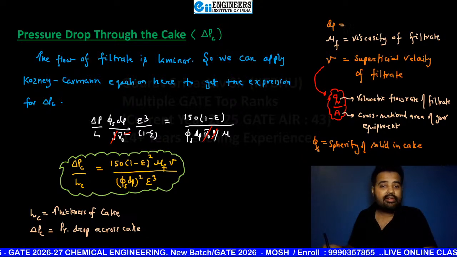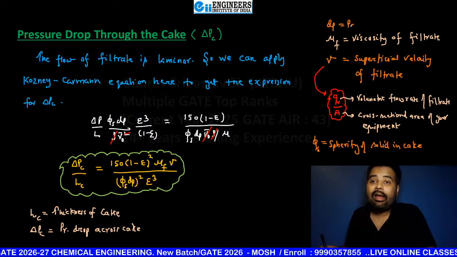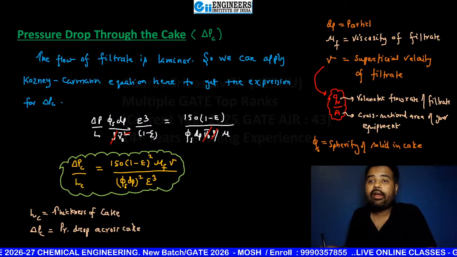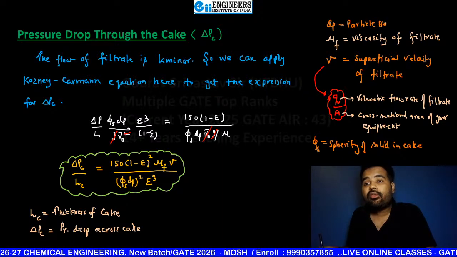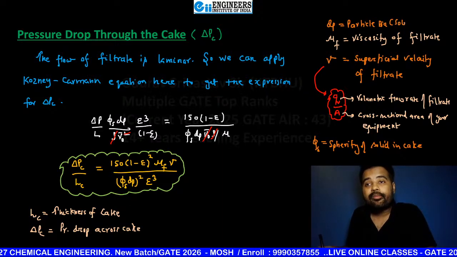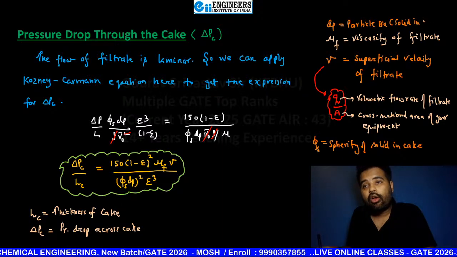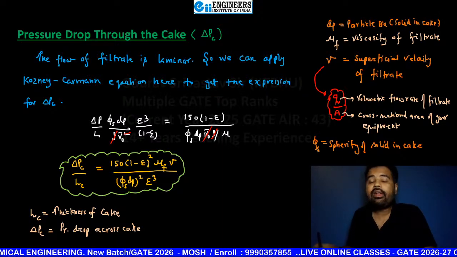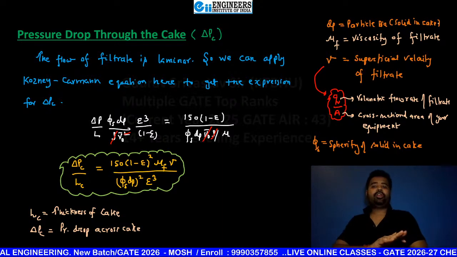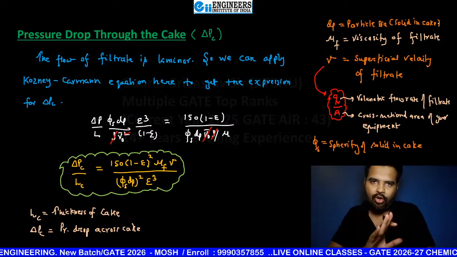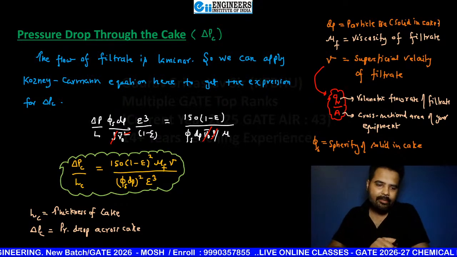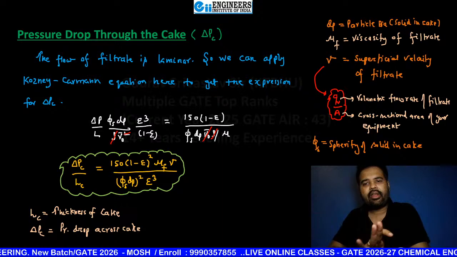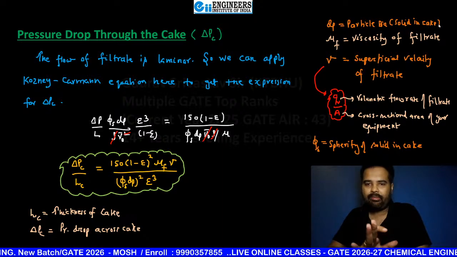So dp is particle dia, solid dia in cake, and we are assuming all particles have the same dia. If it is not the same, then you can take their mean. Okay, but here we are assuming that all particles are of the same dia.